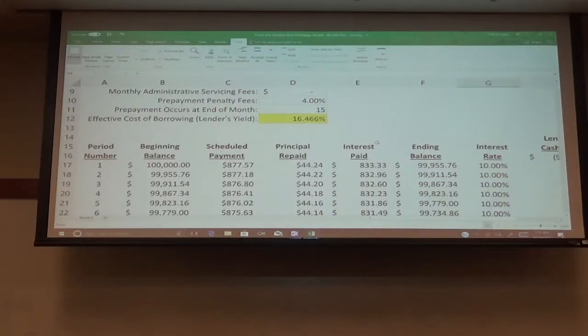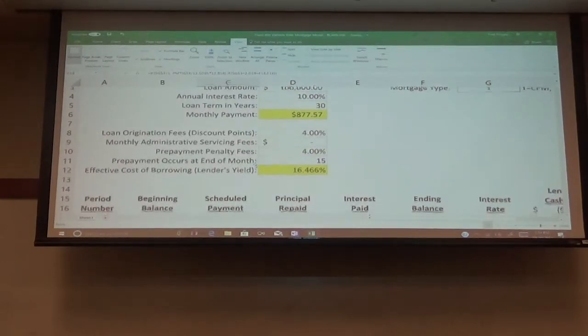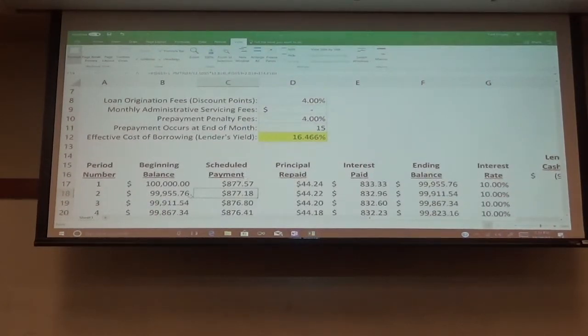Yep. So, okay, I need to think about this for a second because type 1 is not working beyond month 1. So let's think about why it's not working beyond month 1. Are we on type 1 right now? Yes, you're on type 1. Okay. And so the question is, why is it 877.18 for that second month and not 877.57? What happened? Yeah, I have the same thing. 877.18?